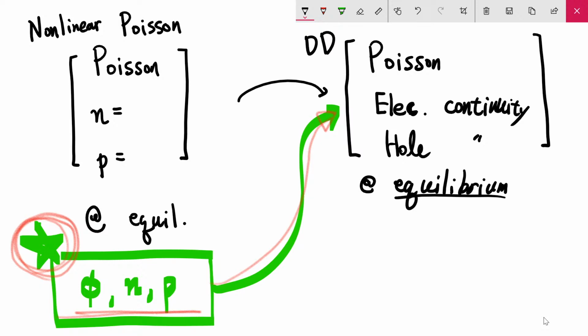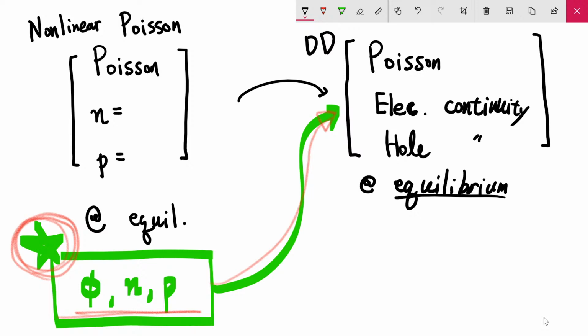So if your solution gives you multiple iterations for your DD system, that simply means that there is something wrong. Which one is wrong? I don't know. If your nonlinear Poisson equation is wrong, that can happen. Or if your drift diffusion is wrong, that can also happen. Or both of them are wrong, yes, that can happen.